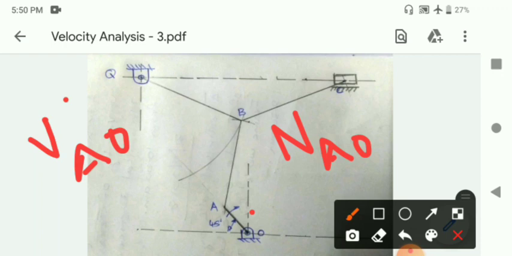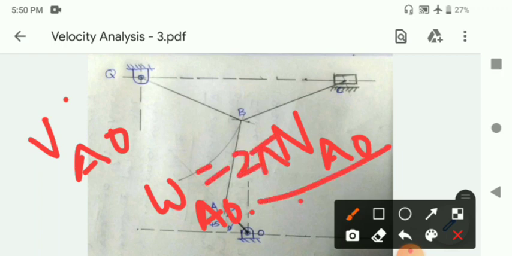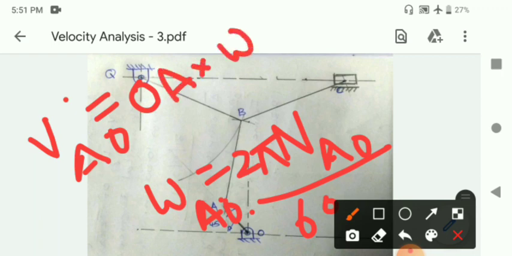Using this, we can find the angular velocity of A relative to O, that is given by 2 pi n by 60. Once you get the angular velocity of link AO, you can find the magnitude of velocity of A relative to O, since we know that point A in link AO will undergo a circular motion. So velocity of A relative to O can be found out by r into omega, where r is the radial distance, or otherwise the length of the link OA, into omega OA.